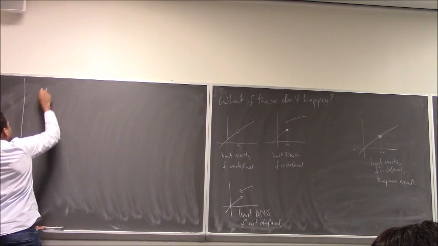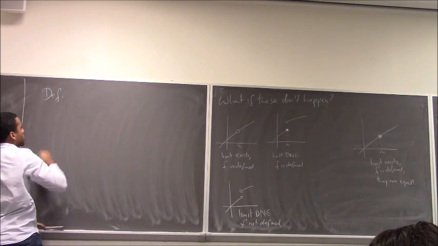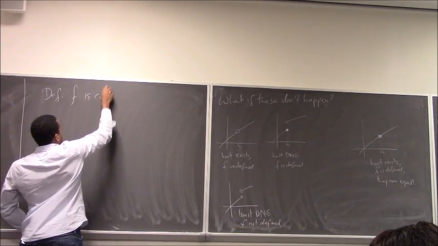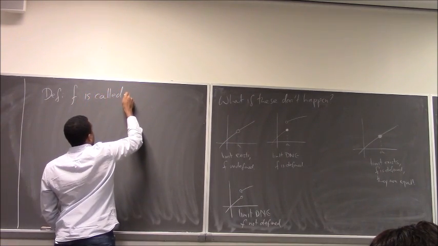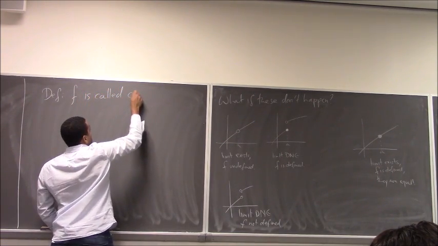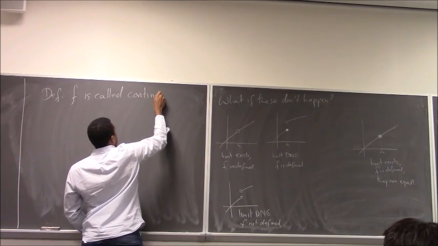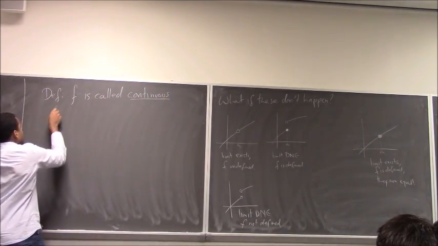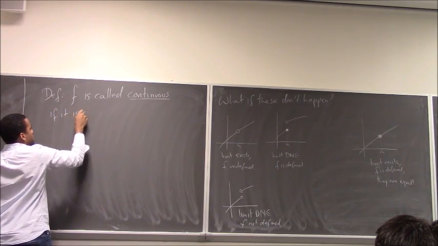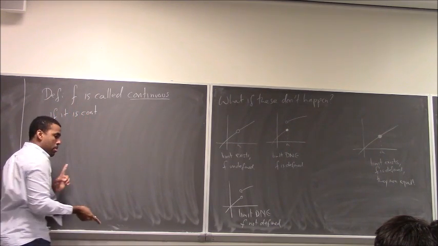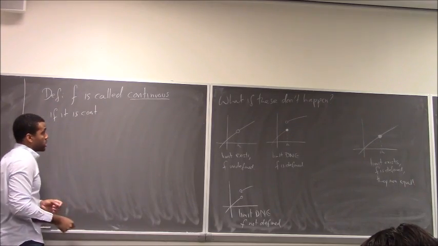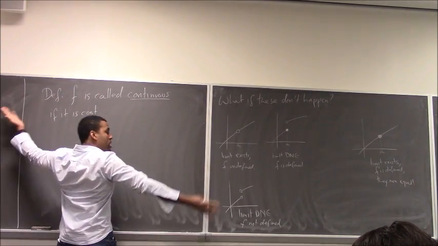There's another definition. F is called continuous if it is. So last time I defined continuity at a point, continuous at the point x equals a, but now I'm talking about continuous in general.